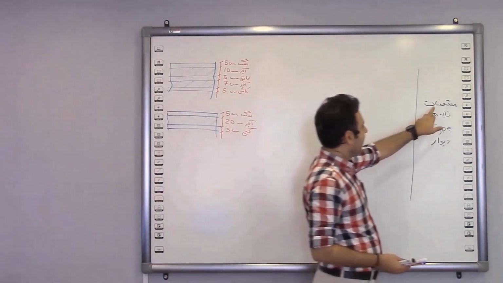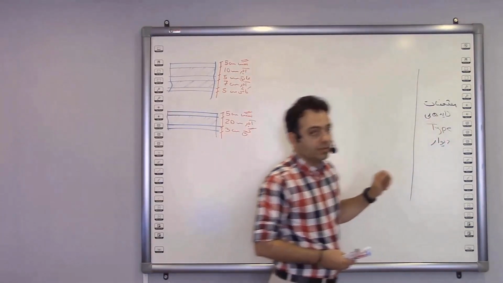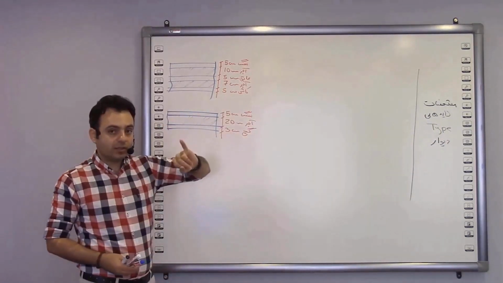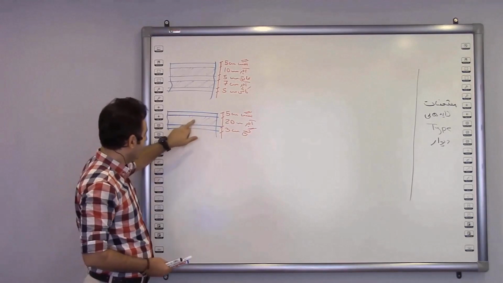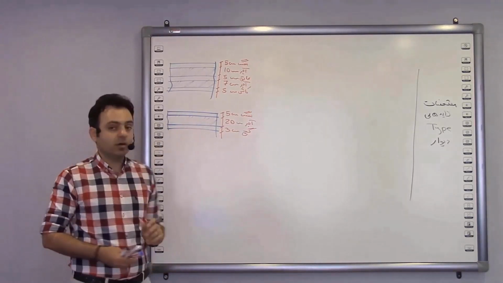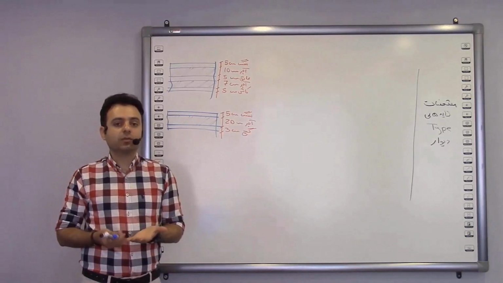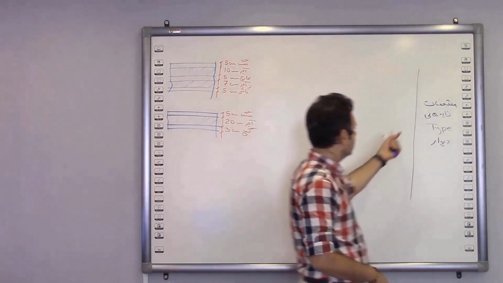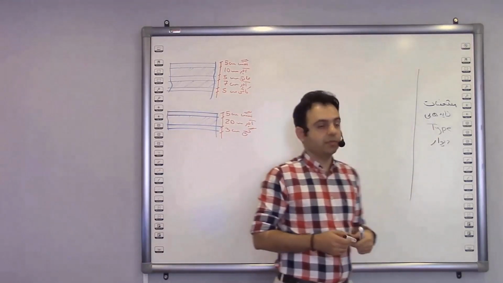We need to present the features of each layer separately. For each layer, you will say what the thickness is, what the material is. Okay? For each of these separated features. So that's how we call it here, the layers of the wall type.